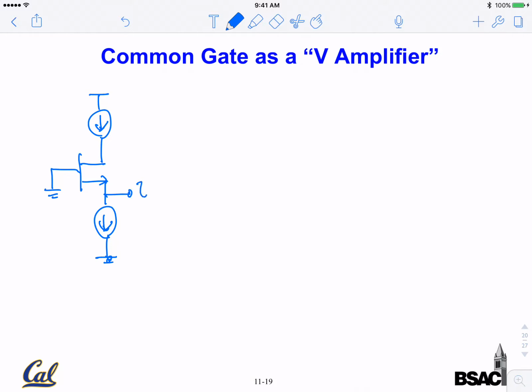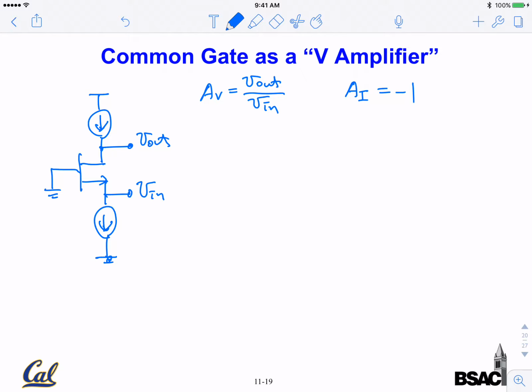So if I use Vin here and I have a Vout, I can calculate the voltage gain of this amplifier, right? We already know the current gain is -1. What about voltage gain?